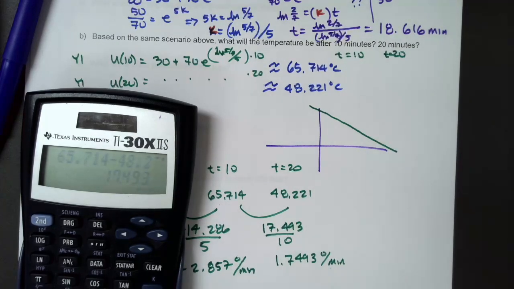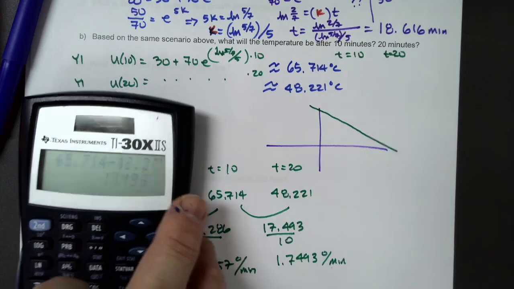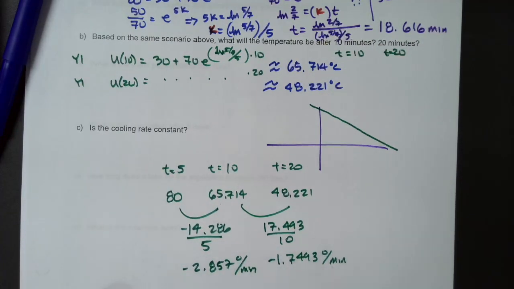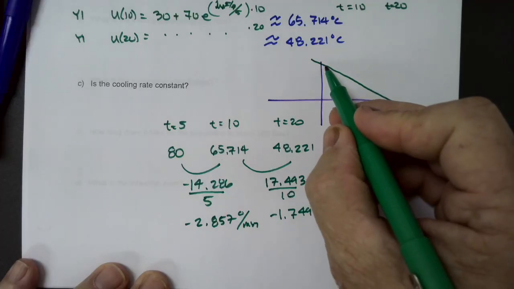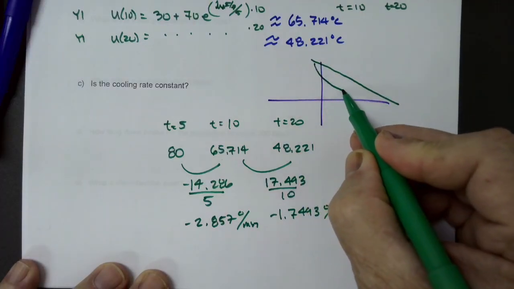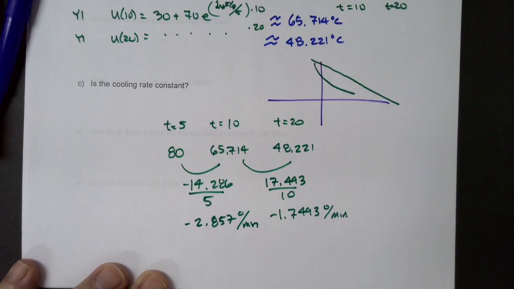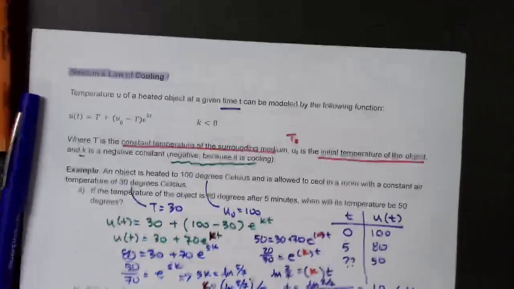So no, it's not dropping at the same rate. As a matter of fact, the hotter it is, the faster the rate of cooling is. As it starts to cool down, it gets slower in its rate of change. So it's going to be dropping more like this as it approaches that, rather than linear.